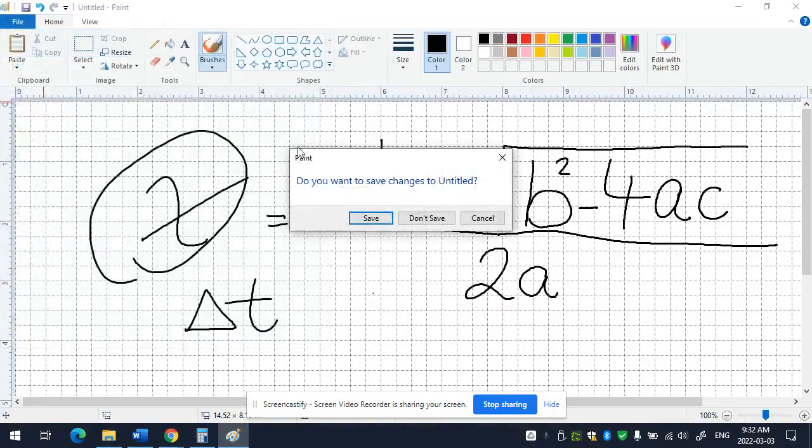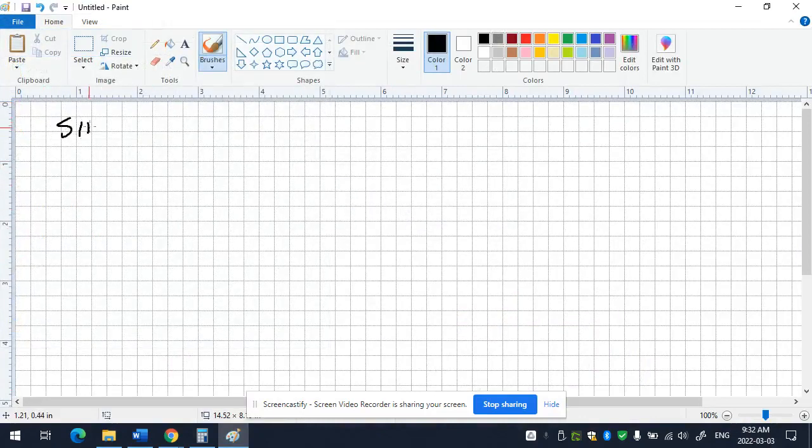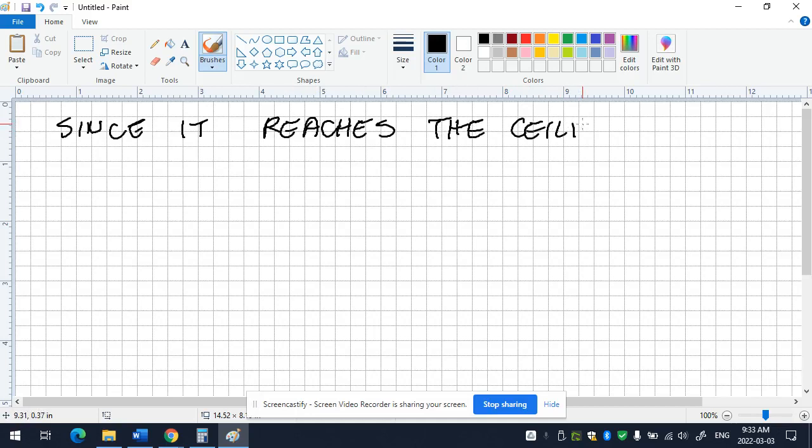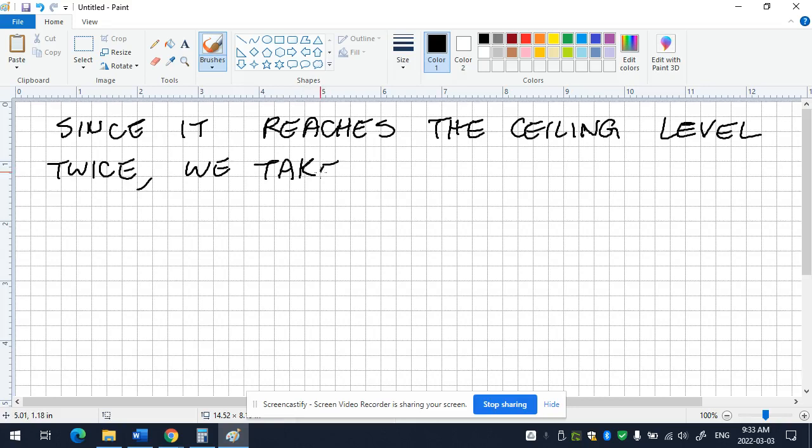So let's say, since it reaches the ceiling level twice, we take, I don't want to say smaller time, let's call it earlier time, because that's exactly what it is.